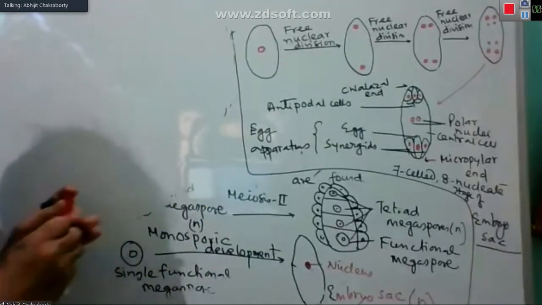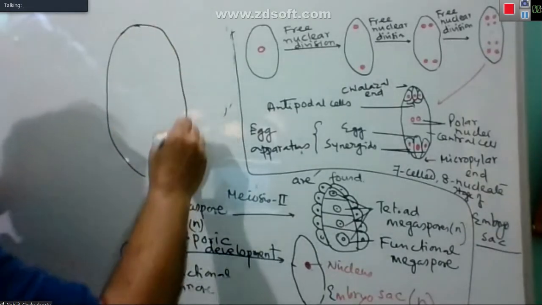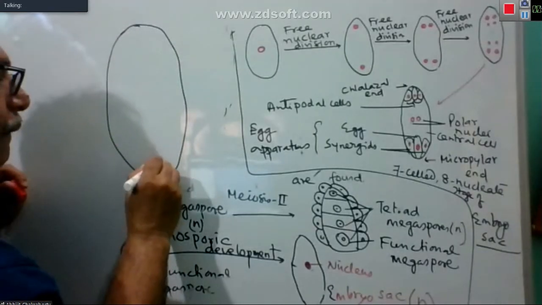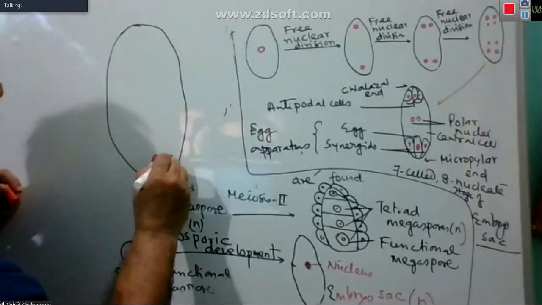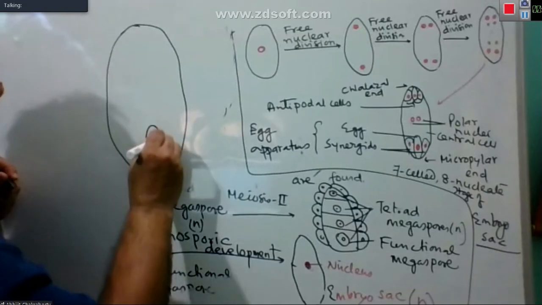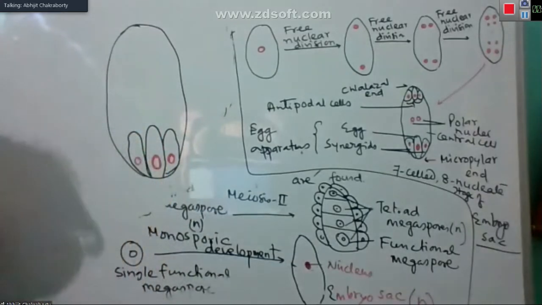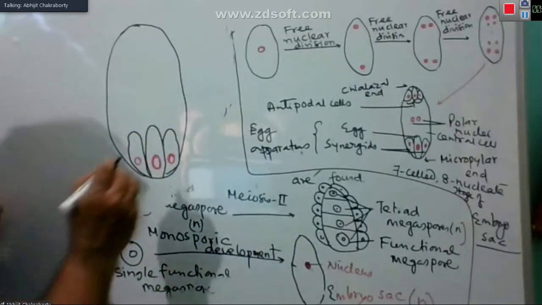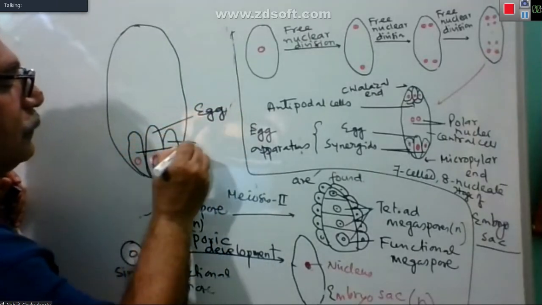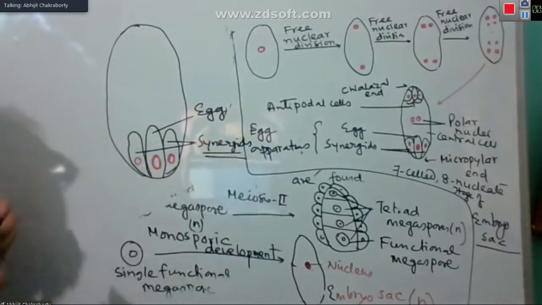So if it is a larger embryo sac, then you see, now you see, here this one is egg and these 2 cells are the synergids. Is it clear now?